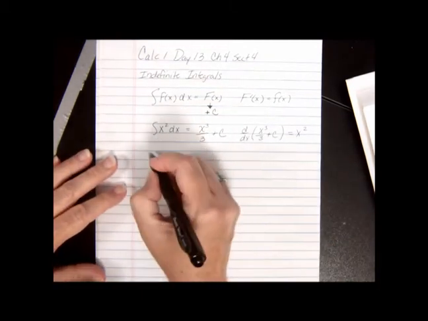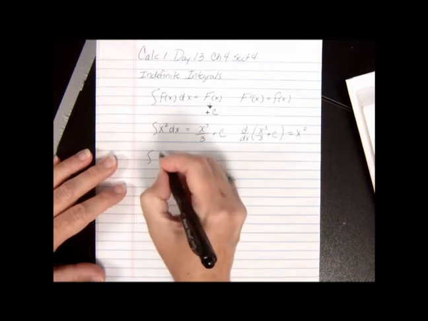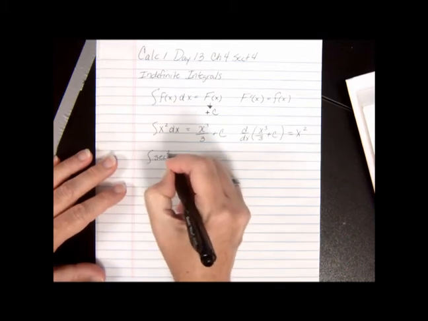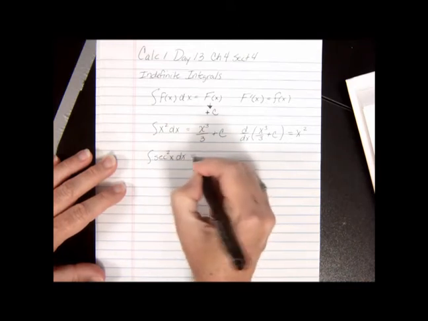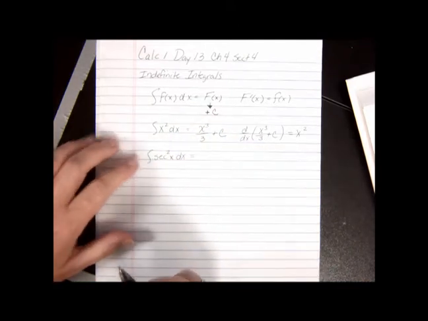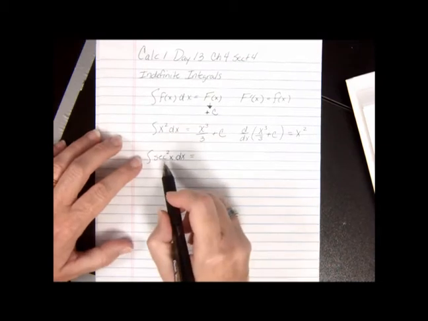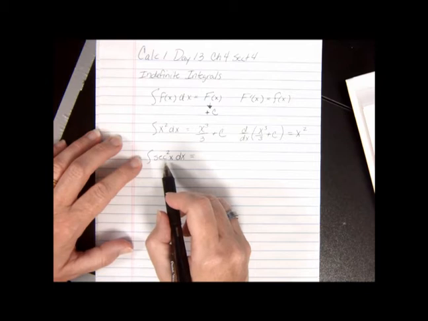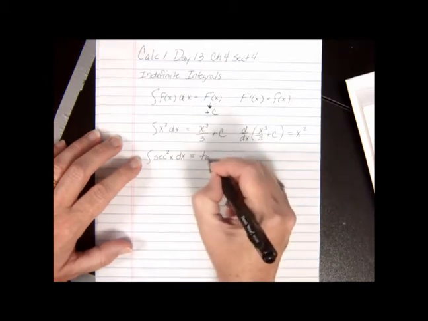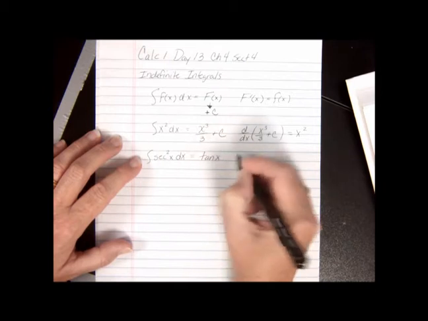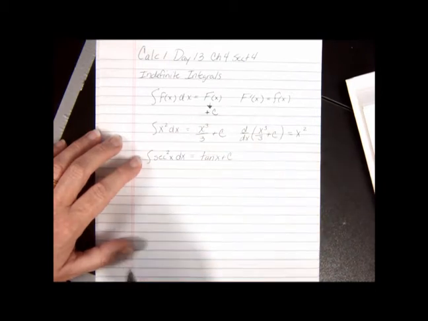Alright, so let's look at a couple of other real quick review examples. Let's say I have secant squared x dx. If I integrate secant squared, I have to be thinking in my mind, what would I differentiate to get secant squared? That would in fact be tangent x plus, again, c.